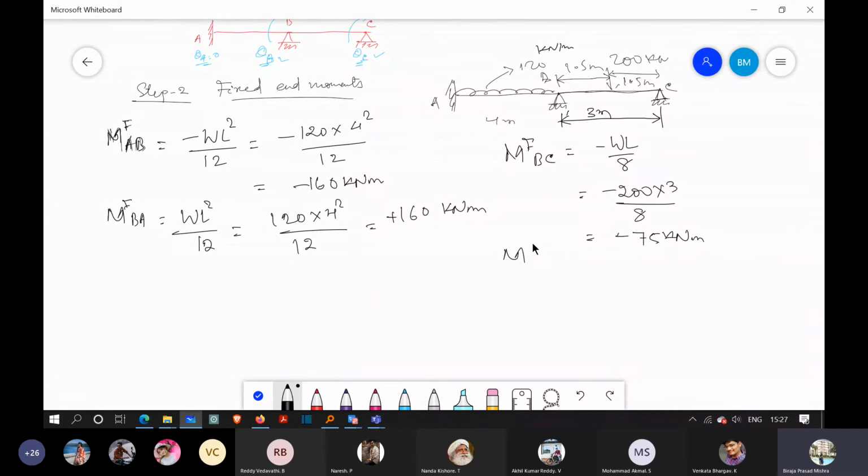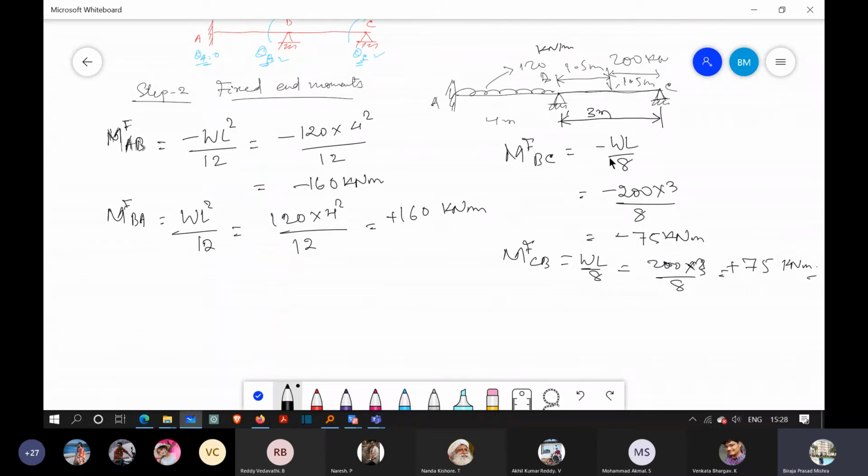Similarly, MFCB equals W L by 8, that is 200 into 3 divided by 8, which becomes plus 75 kilonewton meter. So we have determined MFAB, MFBA, MFBC and MFCB.